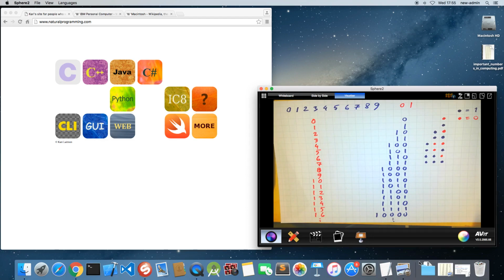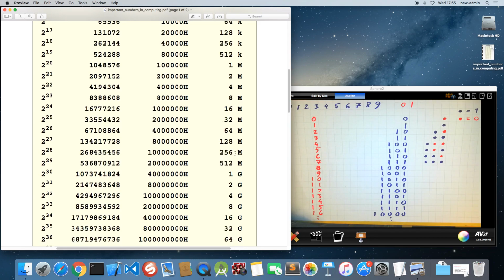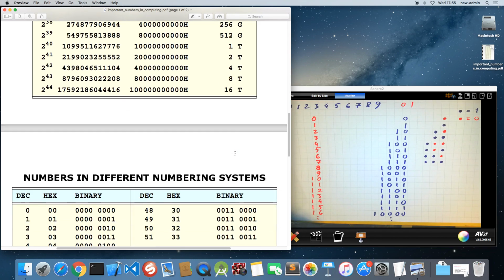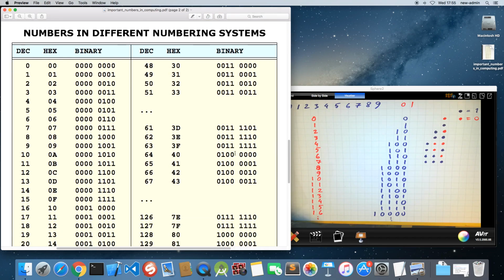And we could also study a little bit another numbering system named the hexadecimal numbering system. So I have here a table. Well, let's take a look first at this table: numbers in different numbering systems.